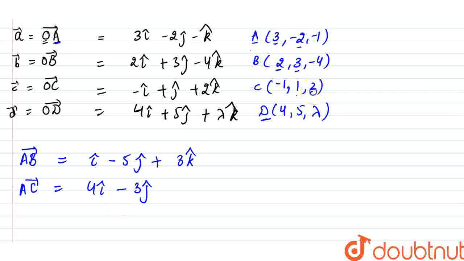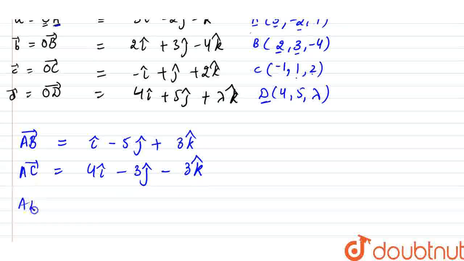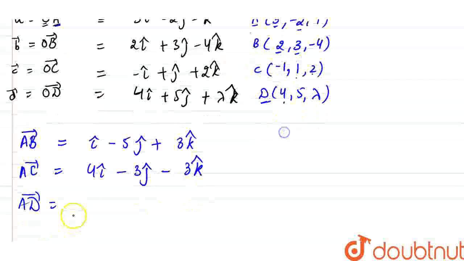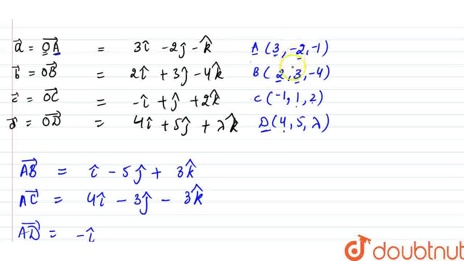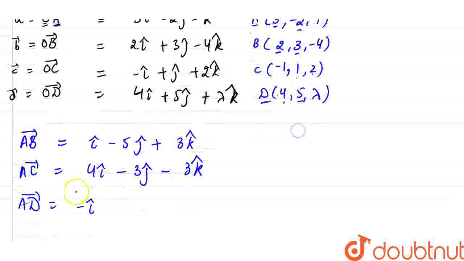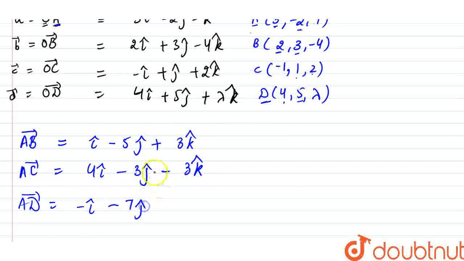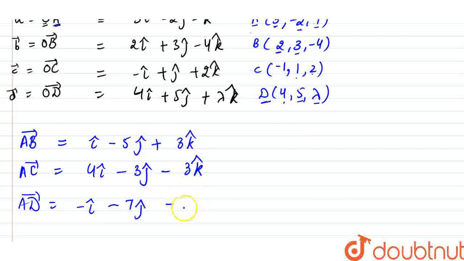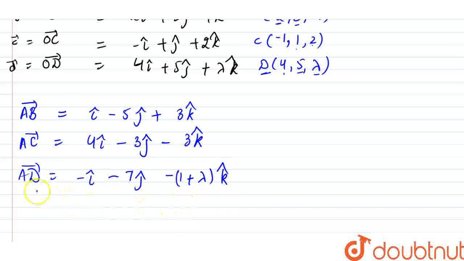This is -1 minus 2, that is -3 k cap. And finally AD vector will be given as 3 minus 4, that is minus i cap. This is -2 minus 5, that is -7 j cap, and -1 minus lambda. We can take minus common, so this will become minus of 1 plus lambda k cap.